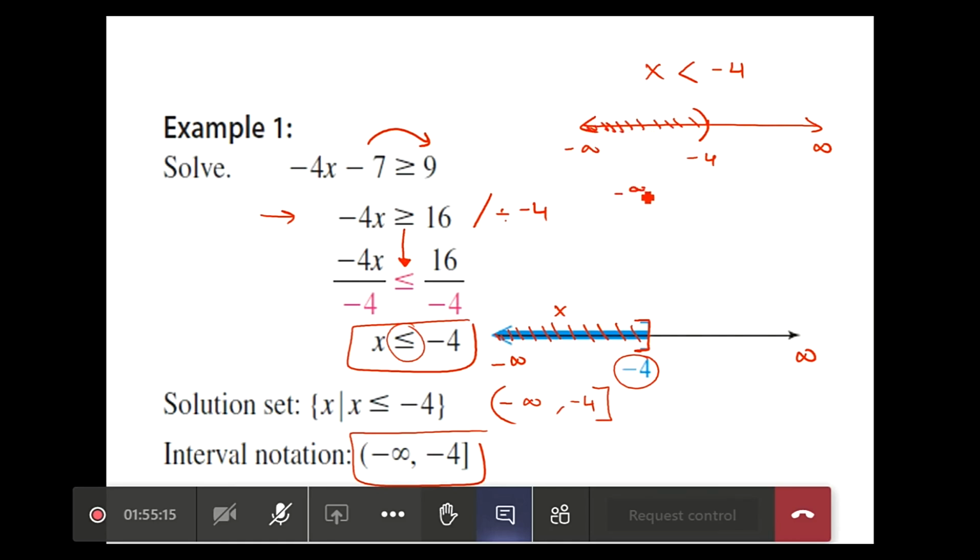So from negative infinity to negative 4, open. Okay, not close, because I don't have equality in the sign of inequality.